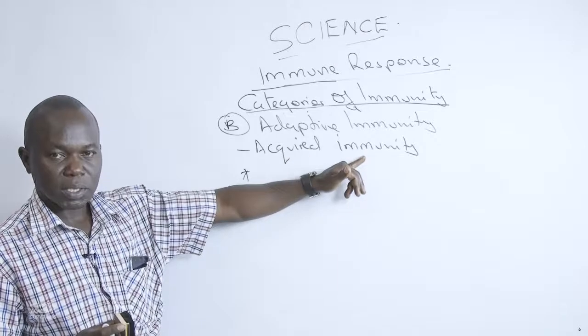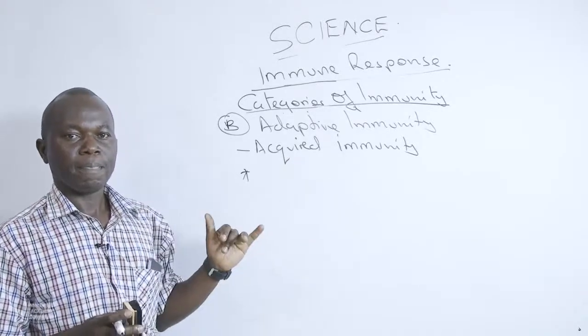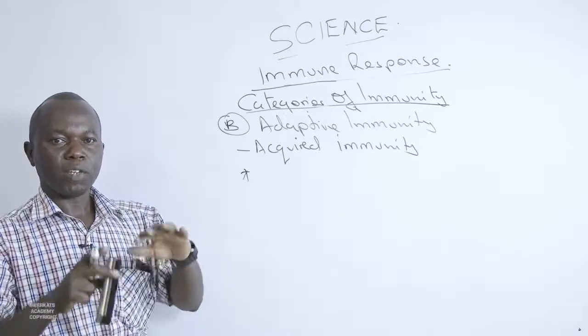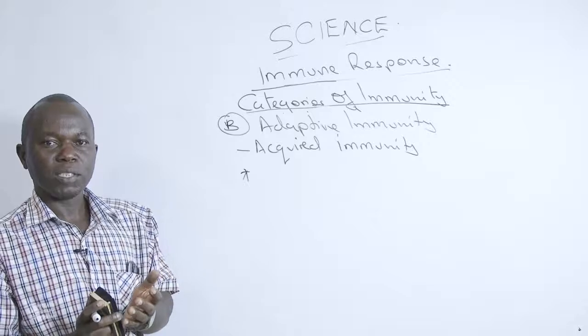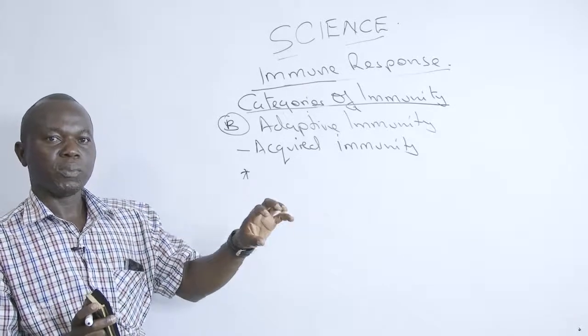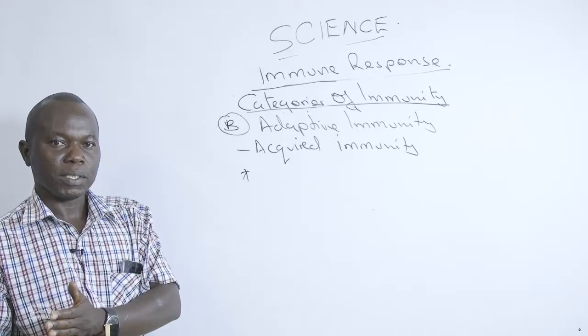So acquired immunity, the body will be exposed to the pathogen. After exposure, it will react by recognizing first the pathogen, storing the recognition information in memory cells, and producing antibodies.